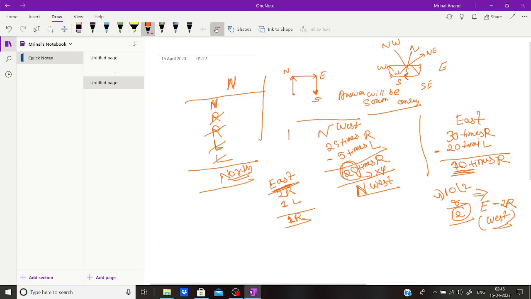So from this east direction, if you move 1 right, that means you move 90 degrees clockwise, and you will reach the south. So your answer will be the south only.